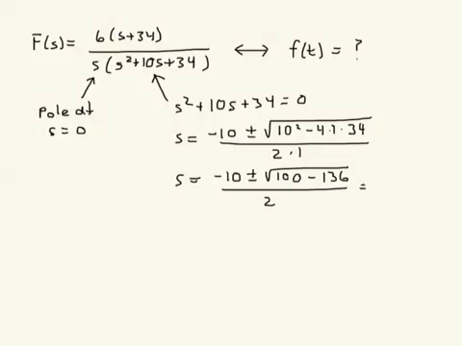So I can write that as minus 10 plus or minus the square root of negative 36 over 2, which easily reduces to minus 5 plus or minus 3j. So clearly these roots are complex. We have a complex conjugate pair of roots or poles of F(s).